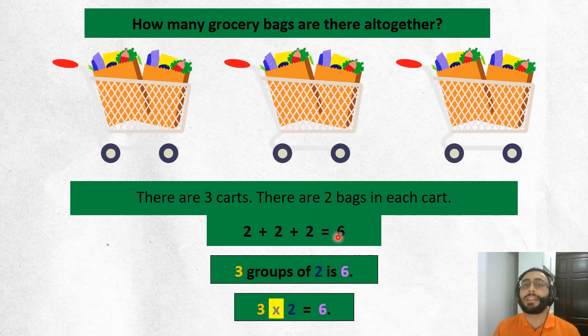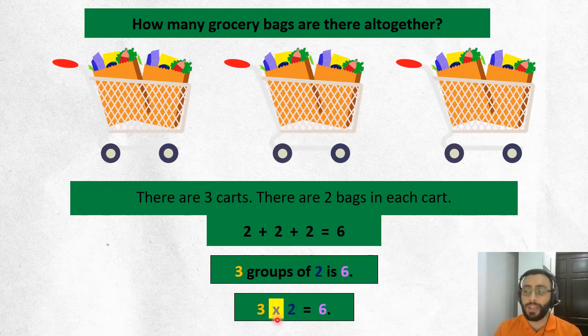But instead, we are going to do multiplication. So how many groups do we have? 1, 2, 3. 3 groups. How many things are in each group? 2. So 3 times 2 equals 6.